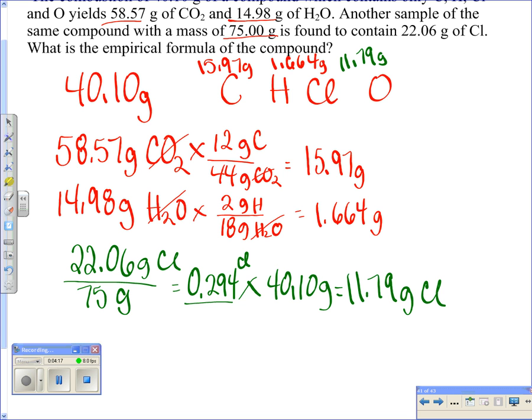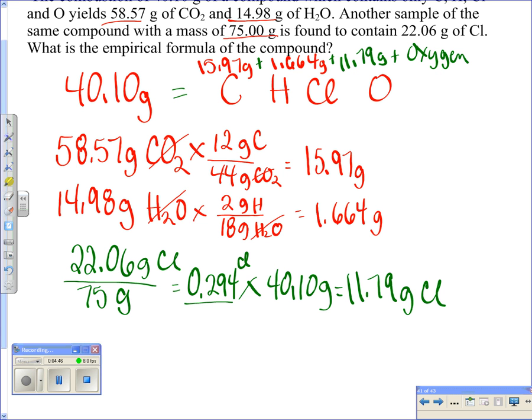So now I know my carbon, my hydrogen, and my chlorine, and I know that all of this has to add up to 40.10, but I don't know my oxygen. And so to find oxygen, very simply, I know that 15.97 plus 1.664 for hydrogen plus 11.79, if I add that all up plus whatever oxygen is going to equal 40.10.